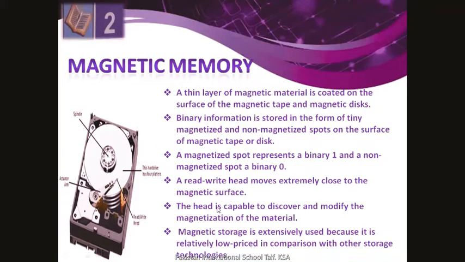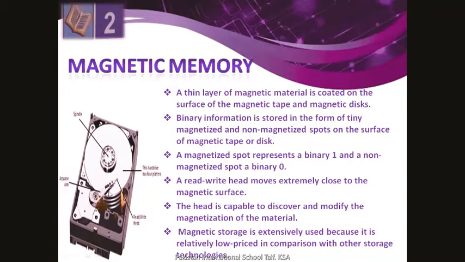And a read and write head moves extremely close to the magnetic surface. You can check here, we have a read and write head. This read and write head is used to read your data in the form of magnetized spots. If you have a magnetized spot, it means the binary number 1, and if you have a non-magnetized spot, it means you have a binary 0.